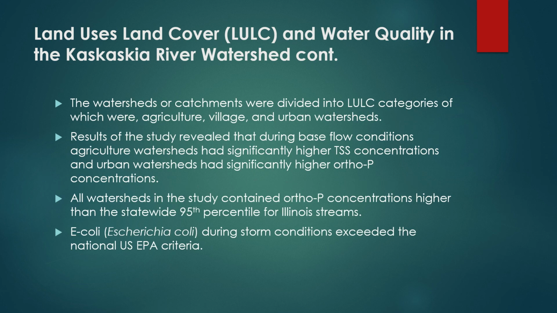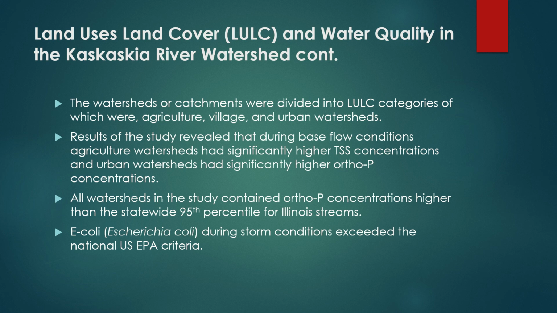And just going on a little bit more on the land use and land cover and water quality. In the same study, the watersheds or catchments were divided into LULC categories: agriculture, village, and urban watersheds. The results revealed that during base flow conditions, agricultural watersheds had significantly higher total suspended solid concentrations, and urban watersheds had significantly higher orthophosphate concentrations.